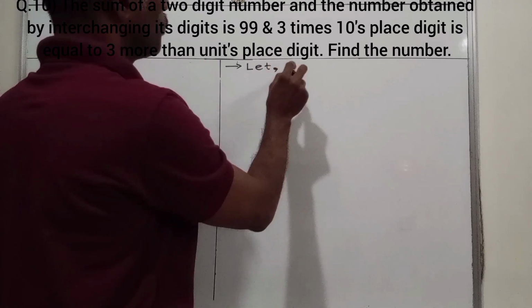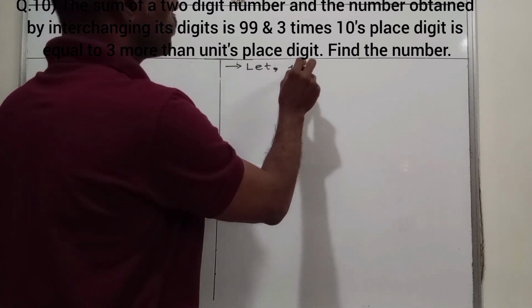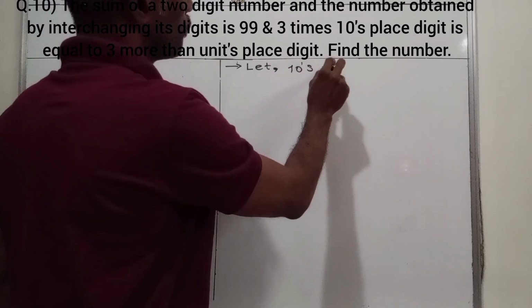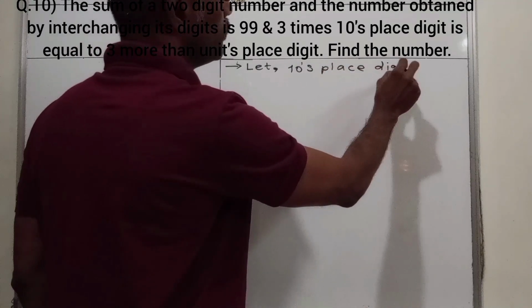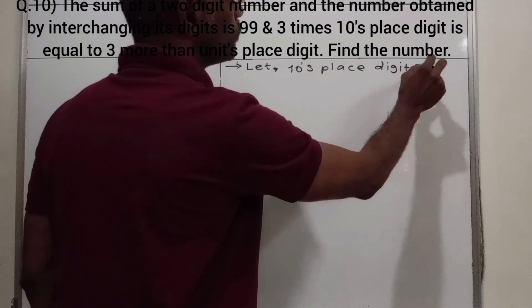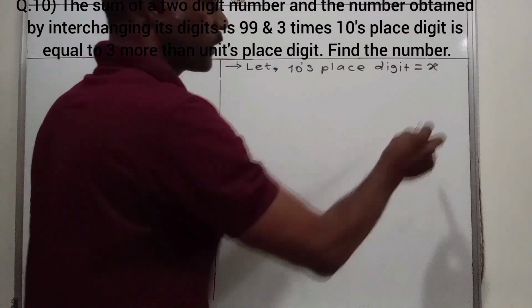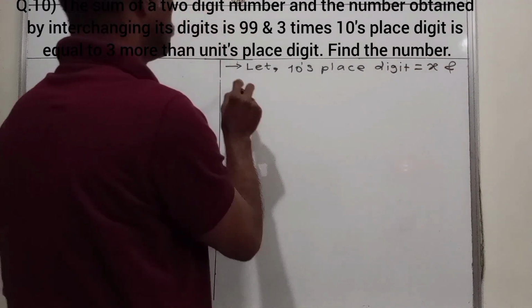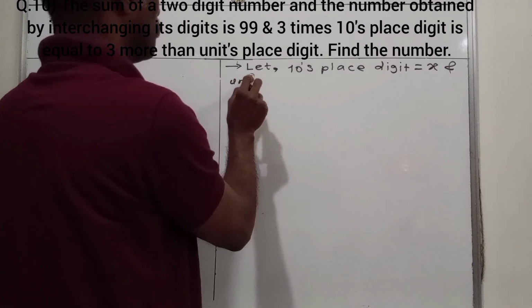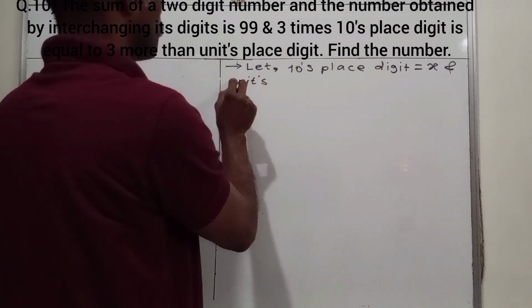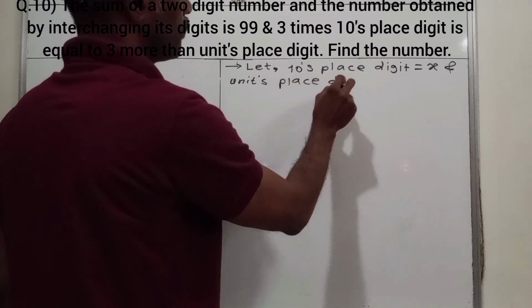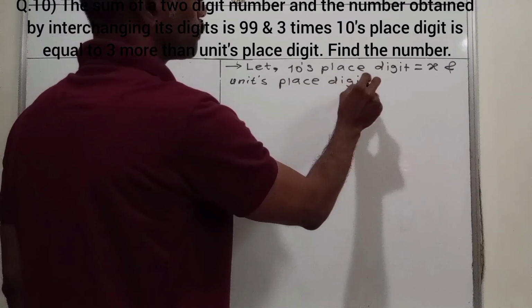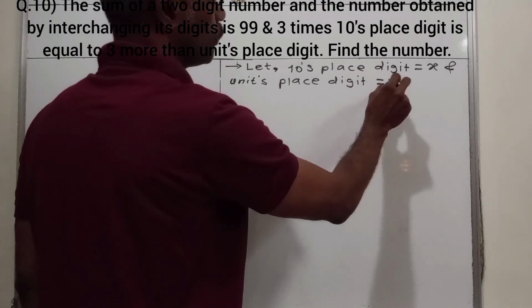Now first we write here, let tens place digit is equal to x, and units place digit is equal to y.